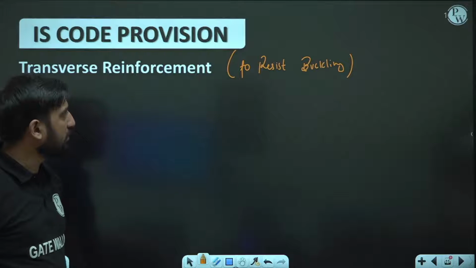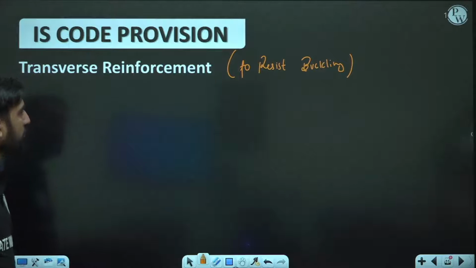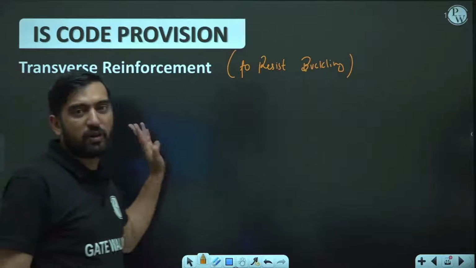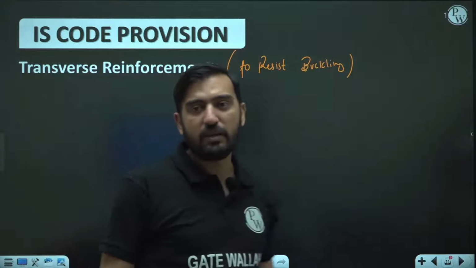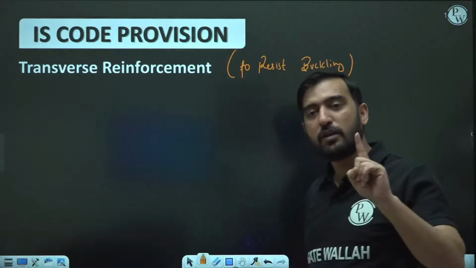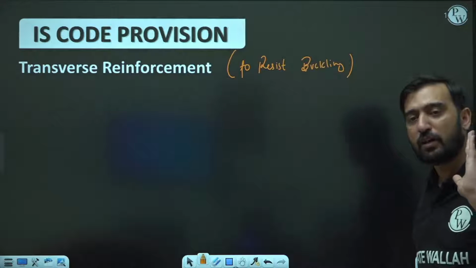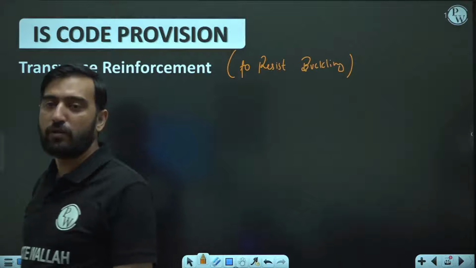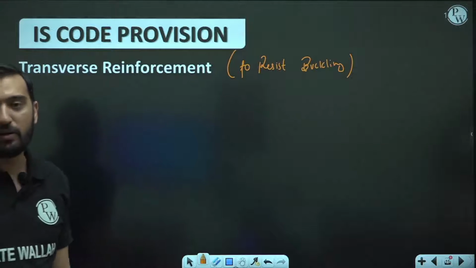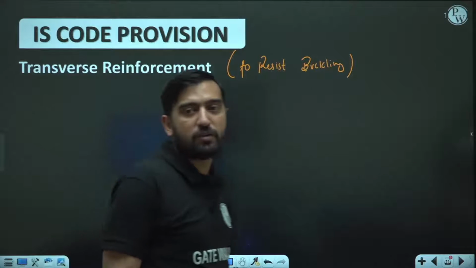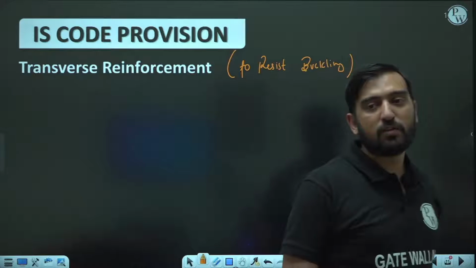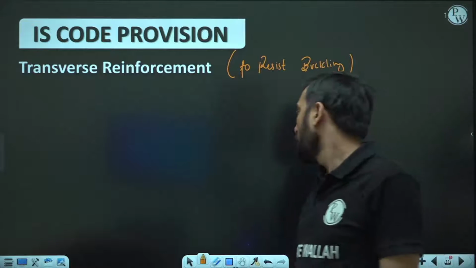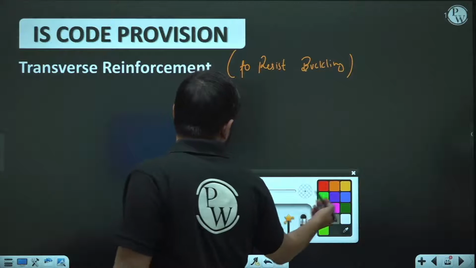Two things we have to decide while designing transverse reinforcement. First, what should be the diameter of the transverse reinforcement. Second, what should be the spacing of transverse reinforcement. So the first thing is diameter.